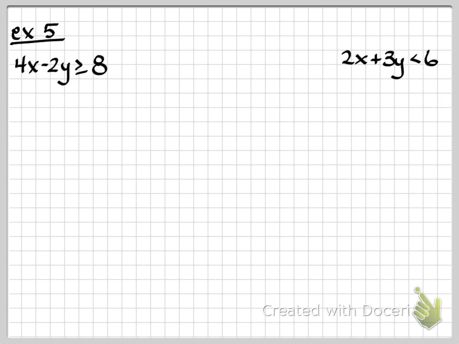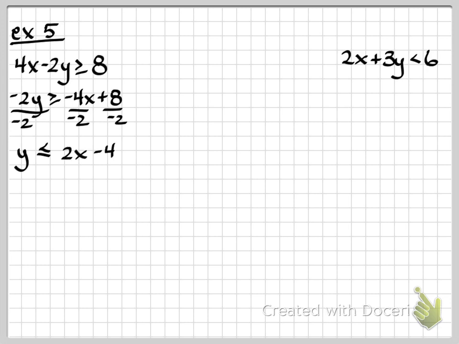So for this first one, let's move the x to the other side. And then let's divide everything by -2. Dividing by a negative flips your inequality. You get 2x minus 4. M is 2. Make it a fraction. B is -4. So let's just go ahead and graph that while we're at it.